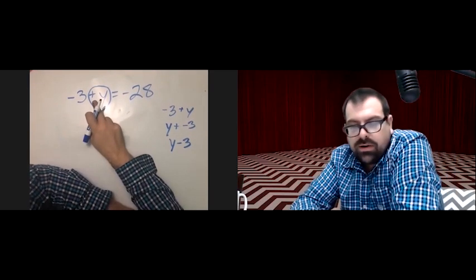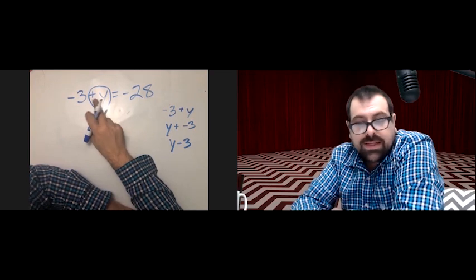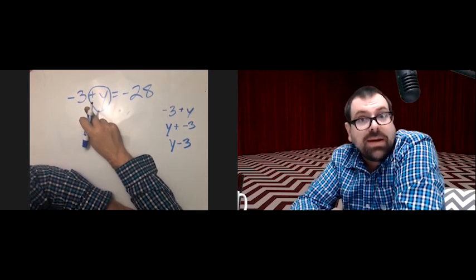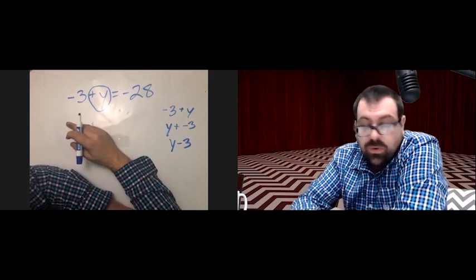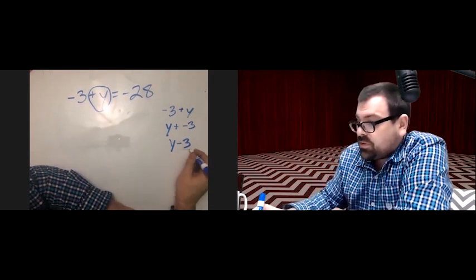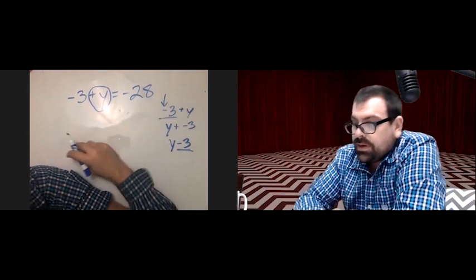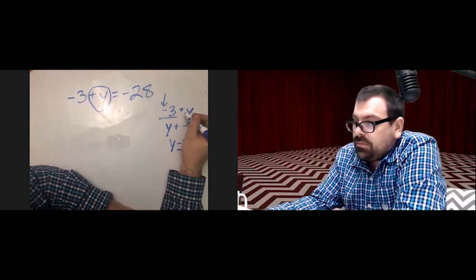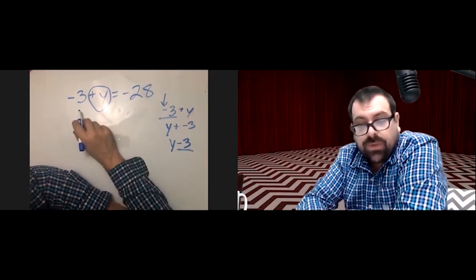But here, -3 plus y, it doesn't necessarily mean it's being added, but it does mean it's being added or subtracted. And whether it's being added or subtracted is going to come from, is that thing before the plus y positive or negative? Here it's negative.